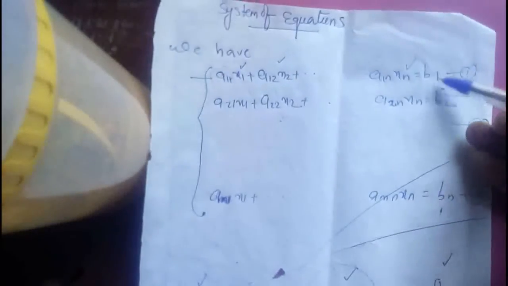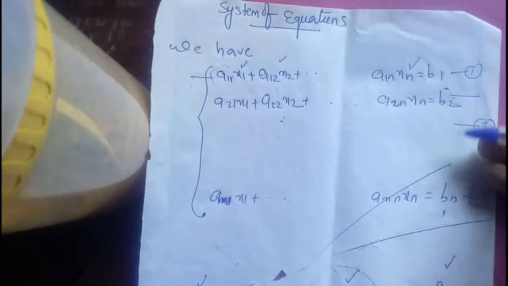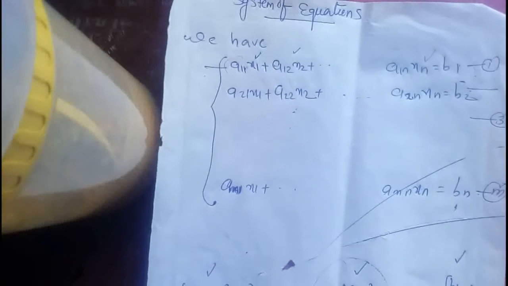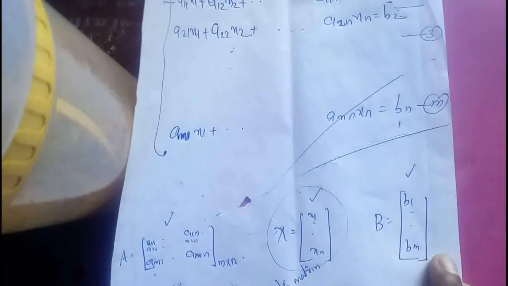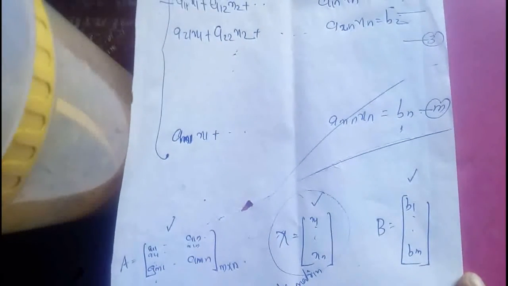Then we write down the constants b1, b2, etc. bm. We take out the constants b1, b2, etc. from these equations. We write them down in column matrix form: b1, b2, etc. bm.